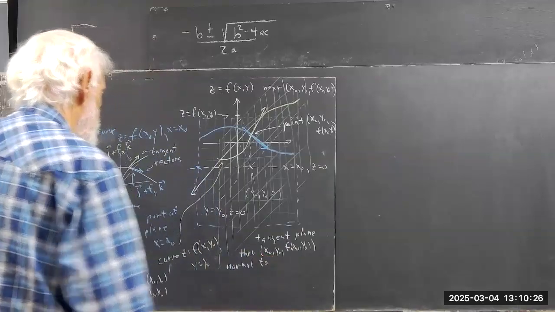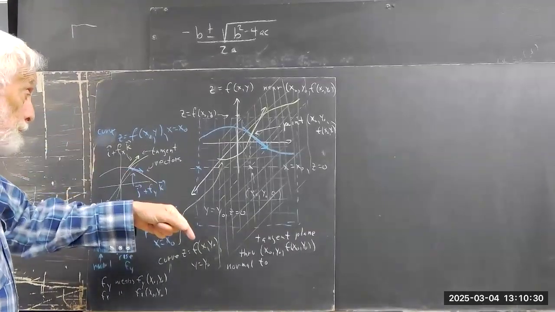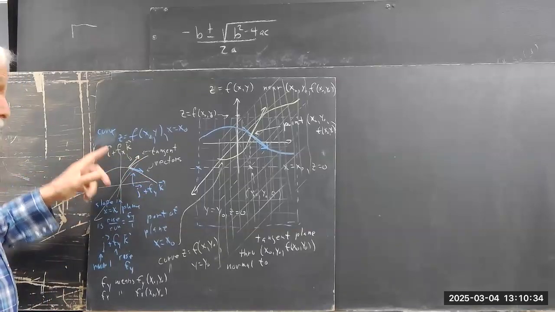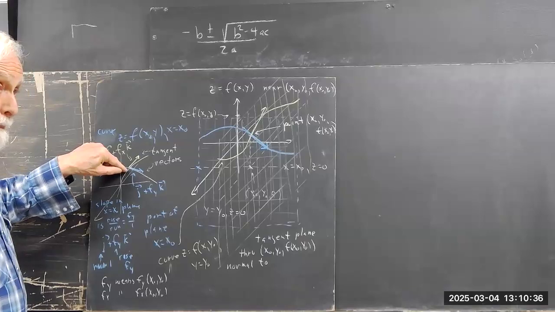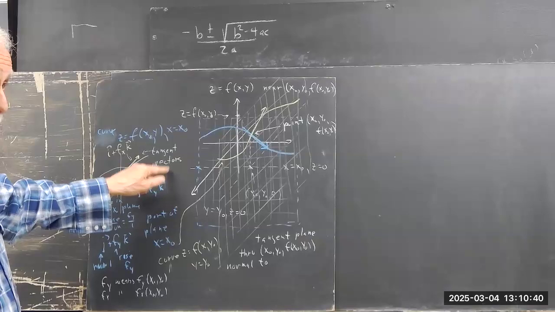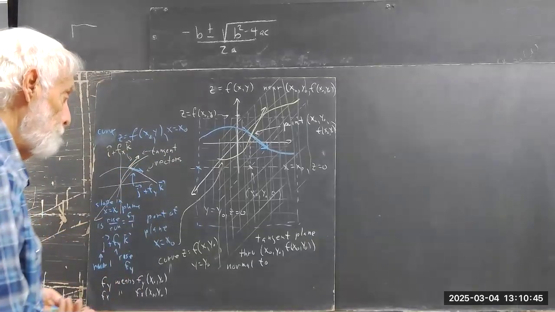Normal to the cross product of these two vectors. Because this vector is tangent to the plane at this point, and this vector is tangent to the plane. These are two vectors tangent to the plane. I say tangent vectors, I mean tangent to the plane. You can read about it.